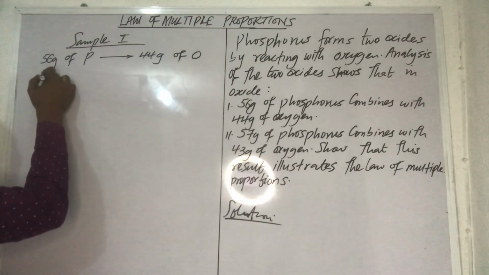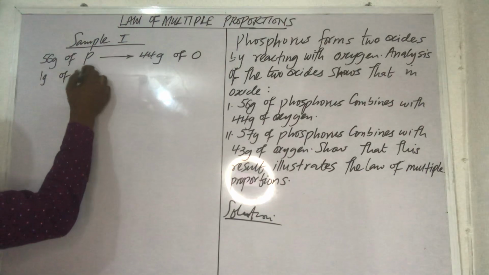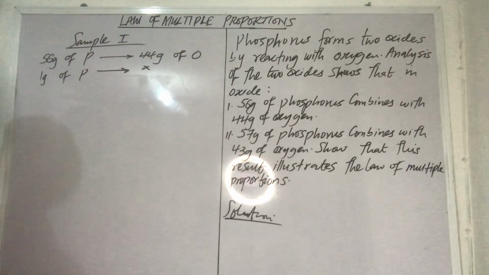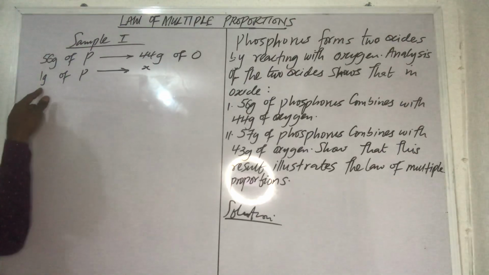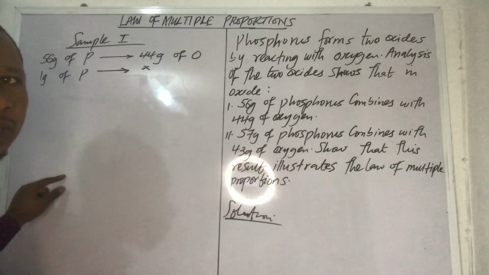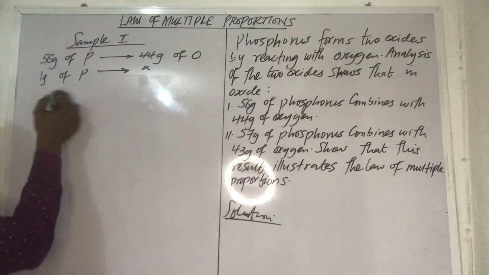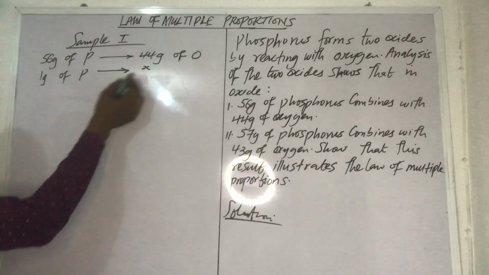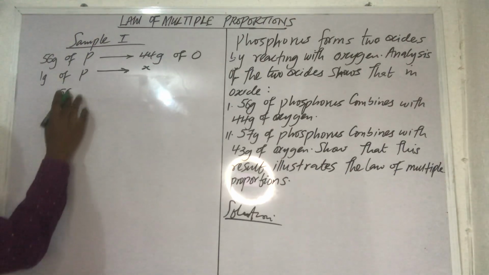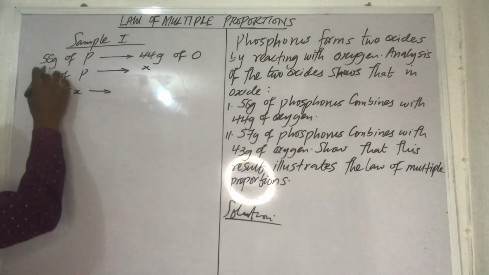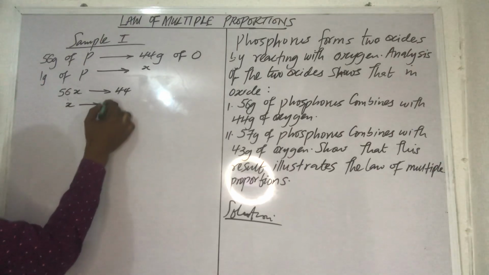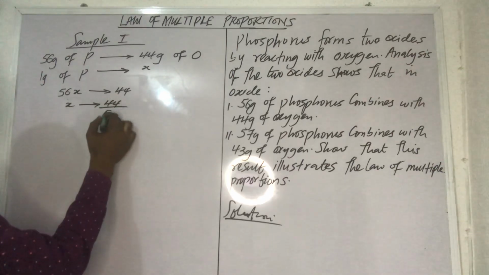Now, 1 gram of phosphorus will combine with x grams of oxygen. This 1 gram is fixed for phosphorus, so it will be fixed for phosphorus in the second sample. If I cross multiply, 56x is equal to 1 times 44. Then x will be equal to 44 over 56.